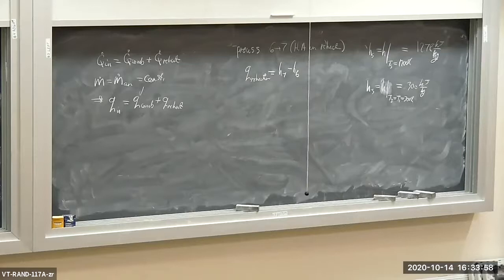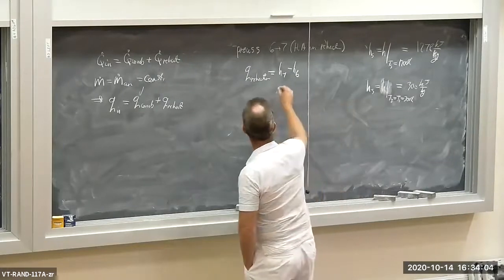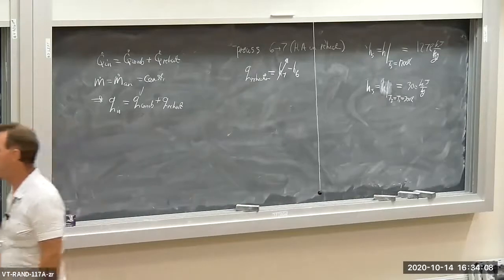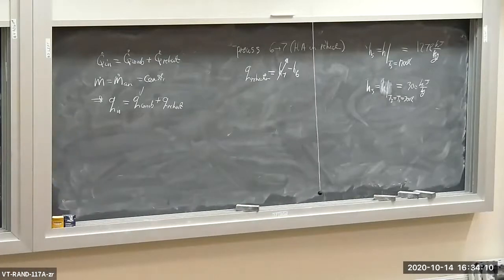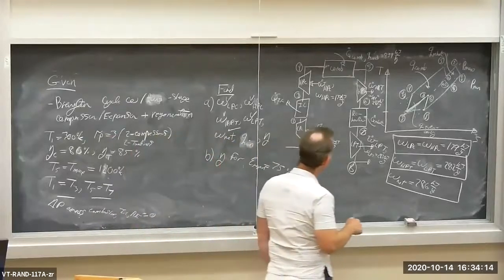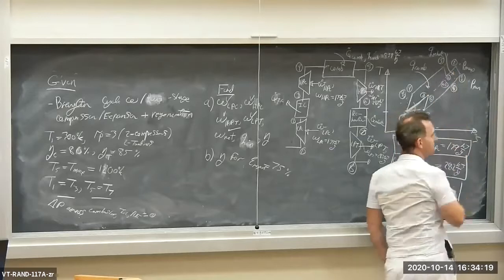Okay, now, a couple of things here. H7, let's look at state 7 here very quickly. We are told that the temperature at state 7 is equal to the temperature at state 5.